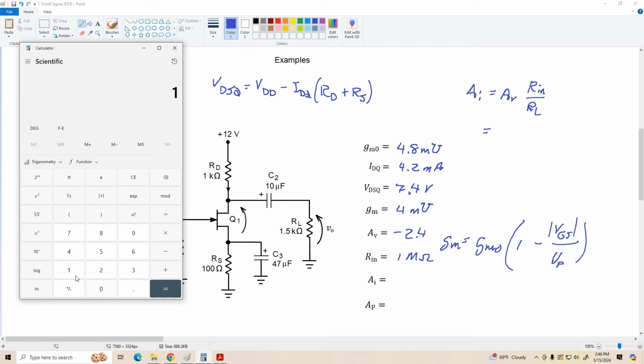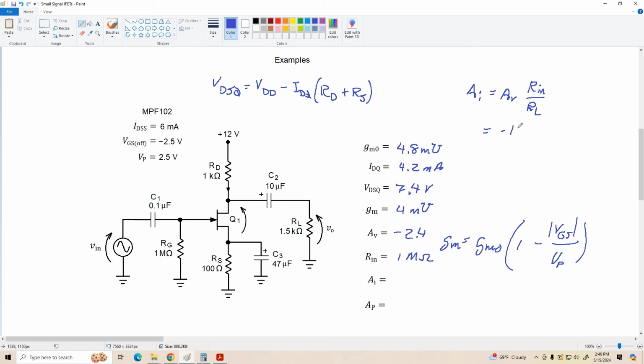Rin is 1 meg divided by RL is 1500 times the voltage gain, which is 2.4. So current gain is 1,600, actually negative 1,600. So it's pretty respectable. Negative 1,600.